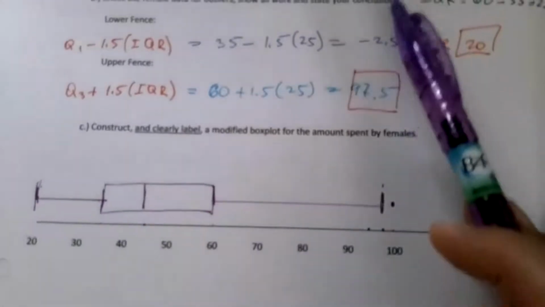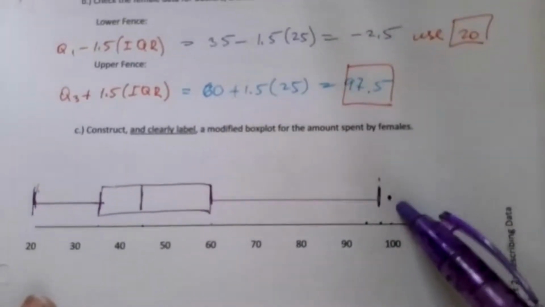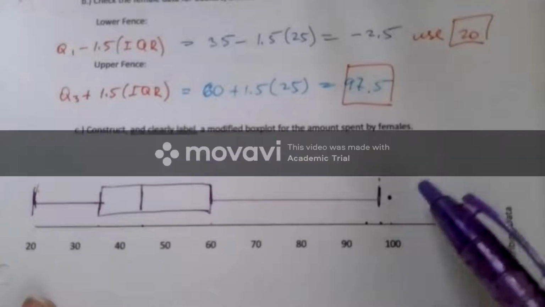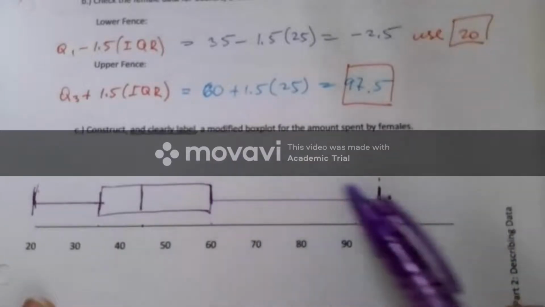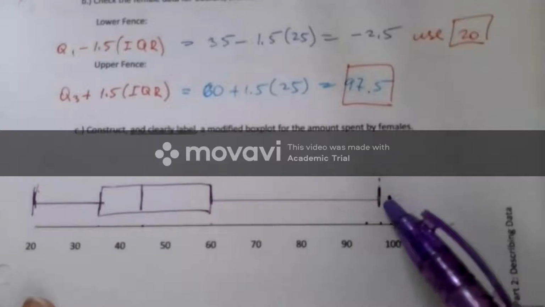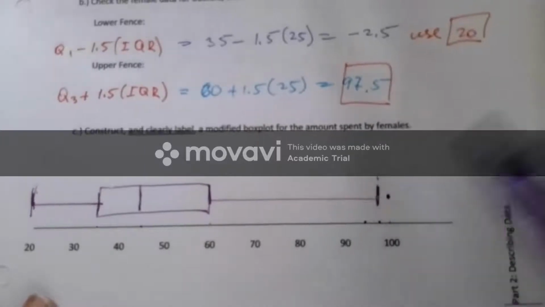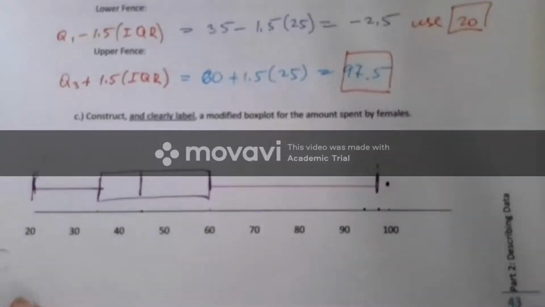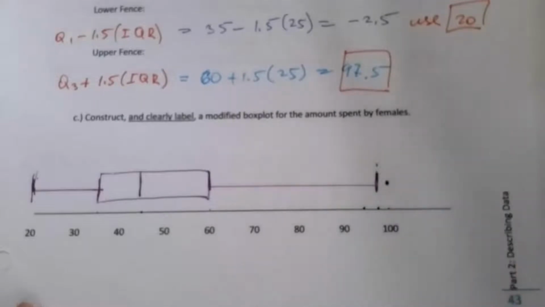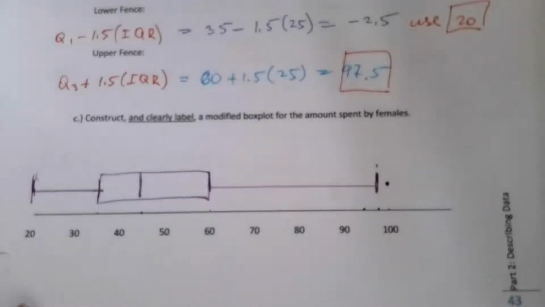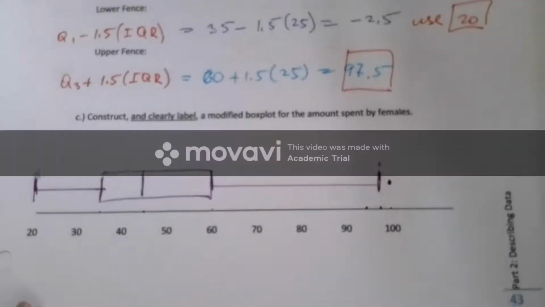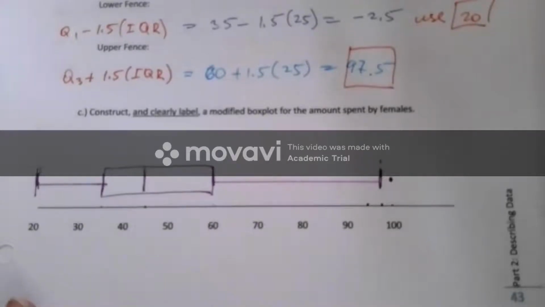Now, our maximum value was beyond the fence value, so our whisker goes only to the fence, and then the maximum is just indicated as a point outside our usual range. Okay, guys, do you have any questions about this one?